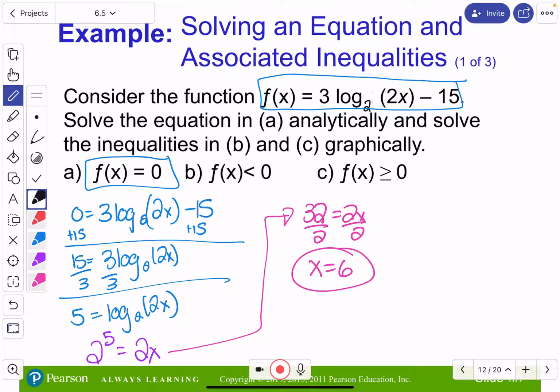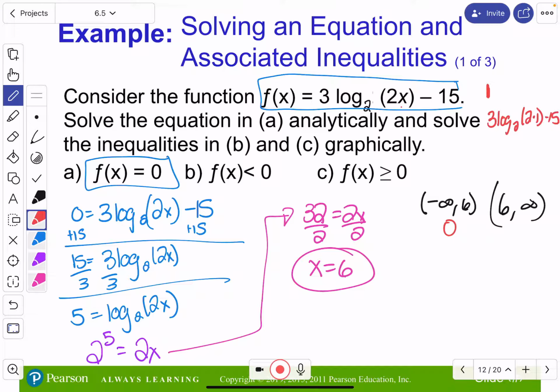So now we're going to try less than 0. So we have two options if we're doing less than or greater than. We have negative infinity to 6, and we have 6 to infinity. So if I plug 0 in to the original equation, well, 2 times 0 is 0, so we really can't do that. So let's try 1. Because remember, you can't have 1 in there. So if you did 3 log base 2 of 2 times 1 minus 15, let's see.